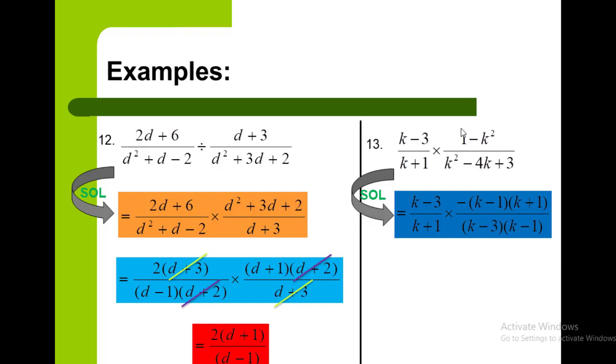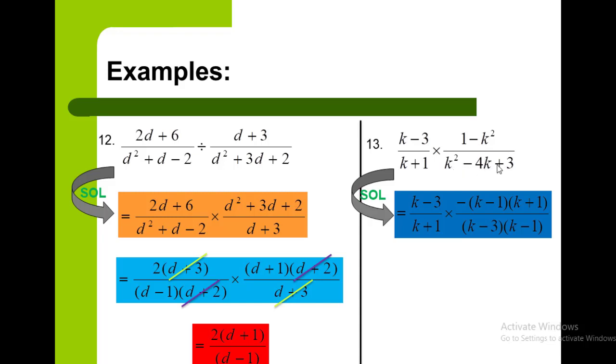Then this expression will be k squared minus 1. Okay? So we will factorize k squared into k and k, and 1 into 1 and 1, negative and positive. This is the method to factorize the difference between two squares, and this negative is common, so we get k squared minus 1, not 1 minus k squared.